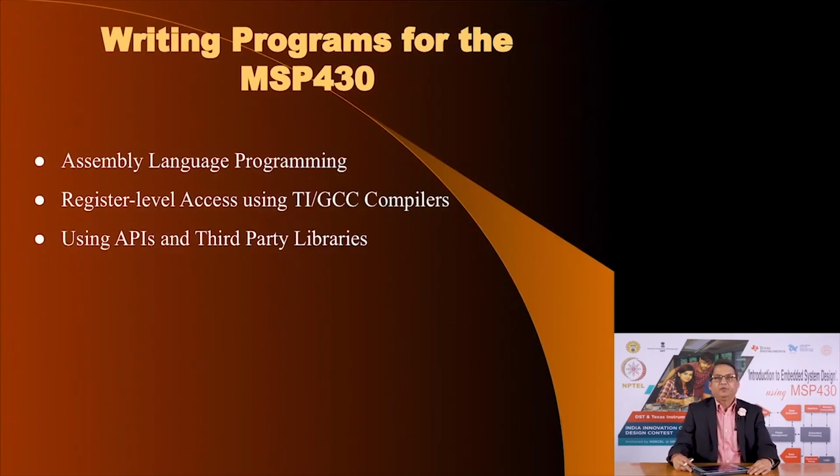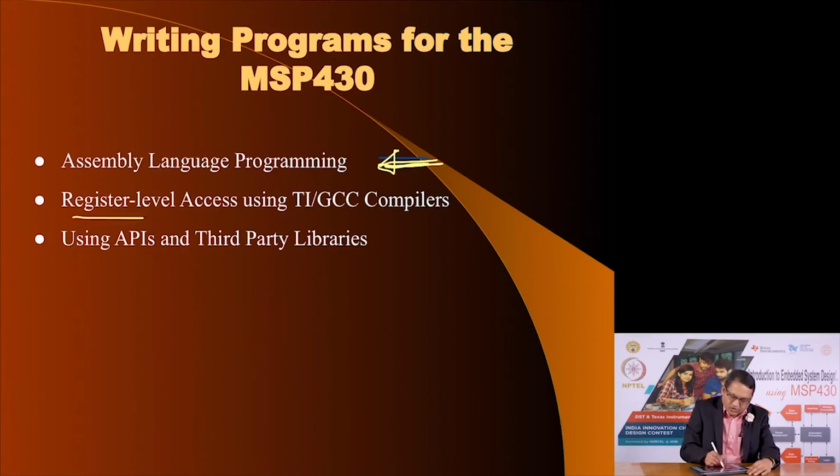Now, you can write your program for the MSP430 irrespective of the platform, meaning the development environment, which could be CCS or GCC, or IAR, and you could choose to program in pure assembly language if you so wish. We do not recommend that in this course, because then your focus will shift from application development to assembly language programming.